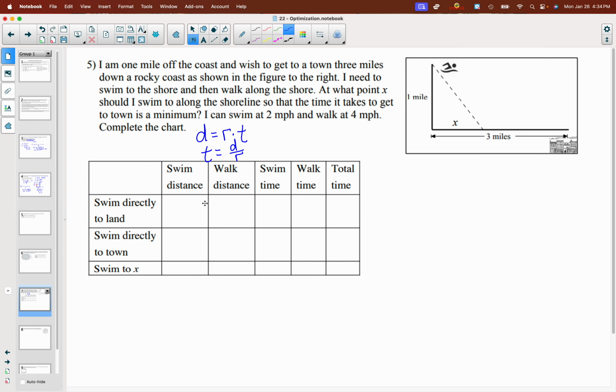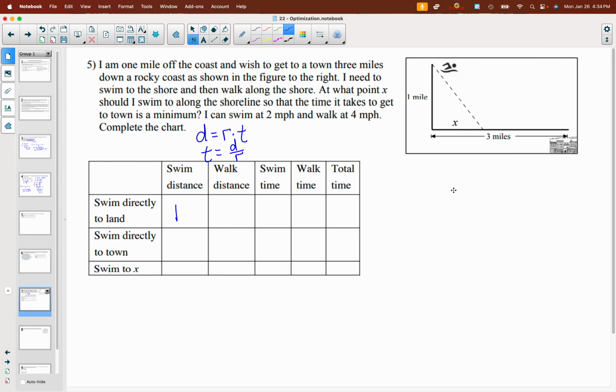So let's have some numbers. What if I swam, if that was south, and just swam 1 mile. So if this was 1 mile and I just swam directly here, then that means I would have to travel this distance here, which is 3 miles. So that means I would be walking for those.